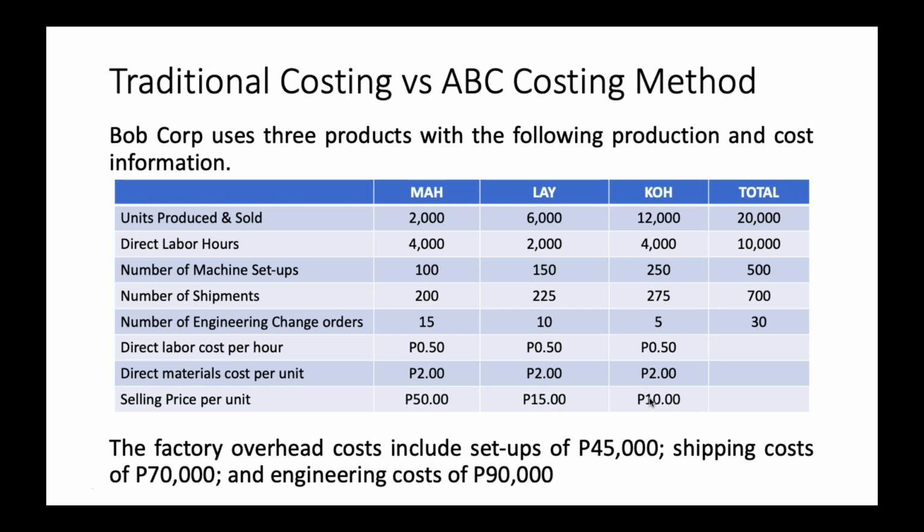The factory overhead cost includes setups of 45,000, shipping cost of 70,000, and engineering cost of 90,000. That is a total of 205,000.